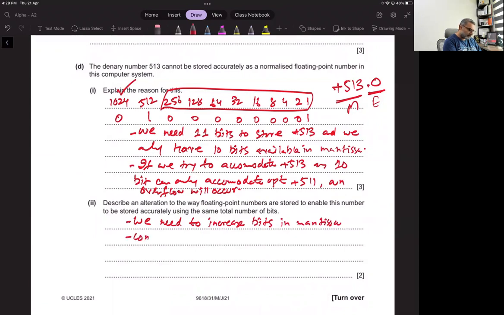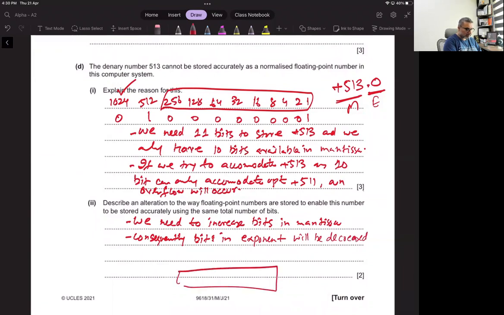Consequently, the bits in exponent will be decreased.